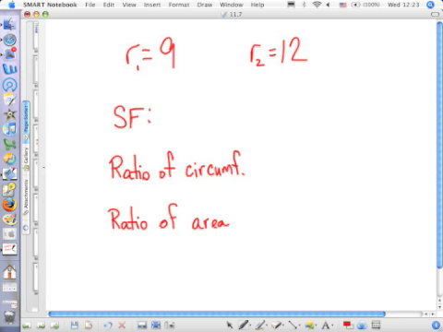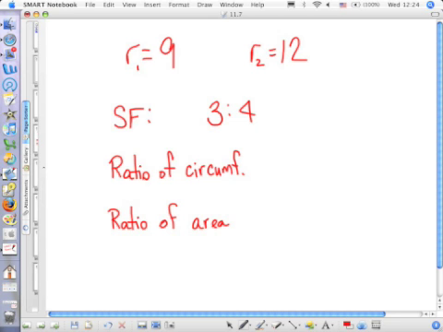If the radius of one circle is 9 and the radius of the second circle is 12, what would the scale factor be? 3 to 4. Remember, scale factor is expressed in lowest terms. And 9 and 12 can both be reduced by 3. Which means the ratio of the circumference would be what? The same as the scale factor, because circumference is the same thing as perimeter.